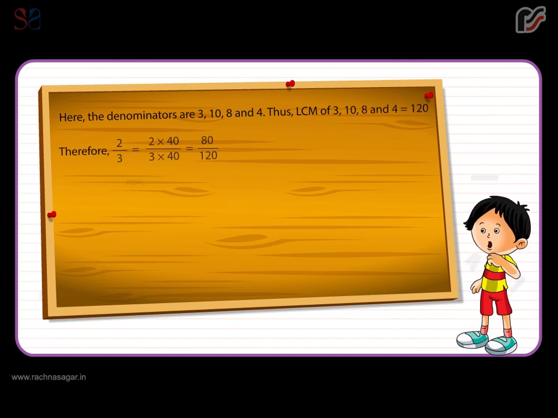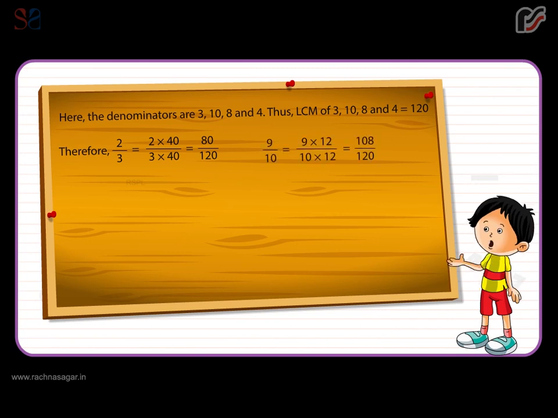Therefore, 2 by 3 is equal to 2 into 40 divided by 3 into 40 is equal to 80 by 120. 9 by 10 is equal to 9 into 12 divided by 10 into 12 is equal to 108 by 120. 7 by 8 is equal to 7 into 15 divided by 8 into 15 is equal to 105 by 120.